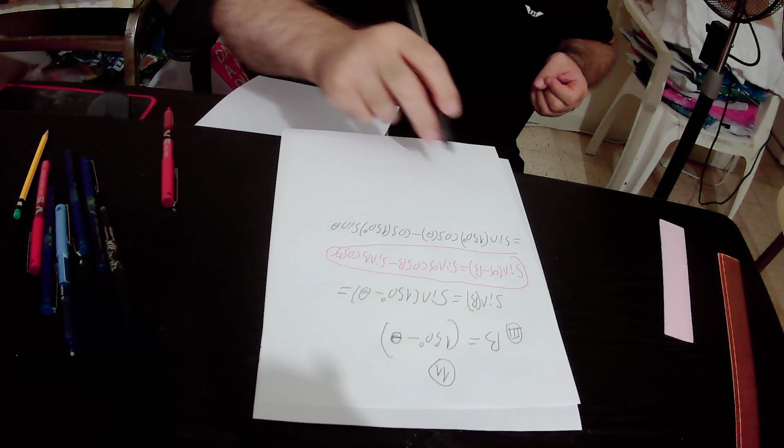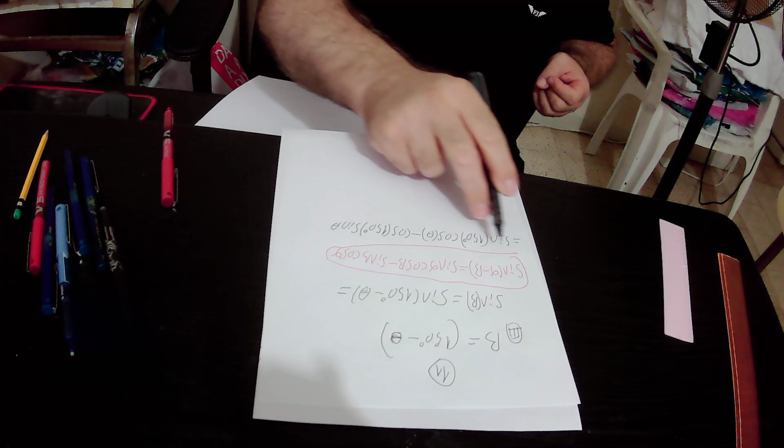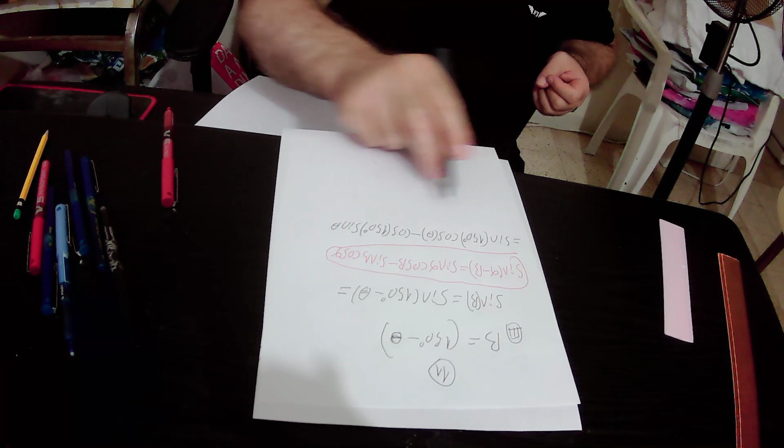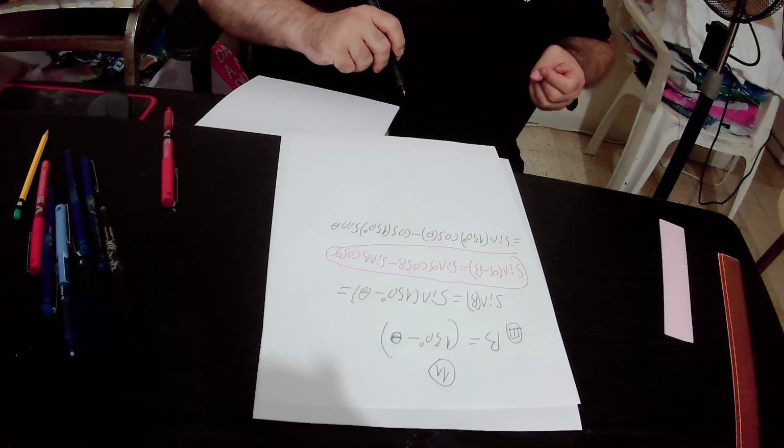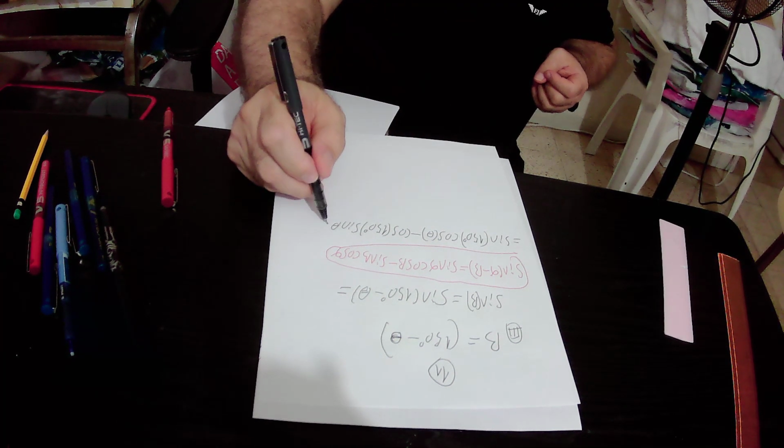Okay, so we actually use this trigonometric identity in order to find out the value of sinus 150 degrees minus theta.